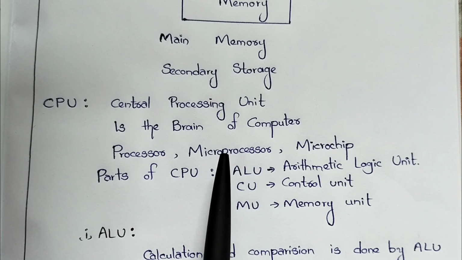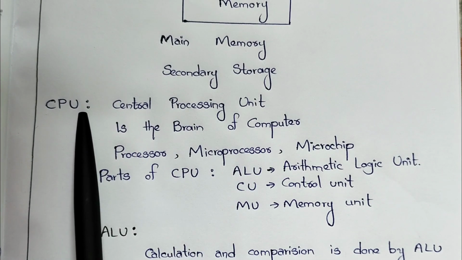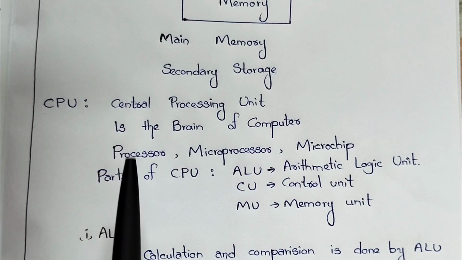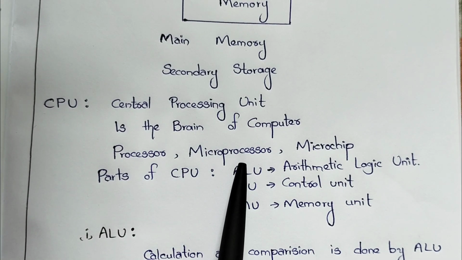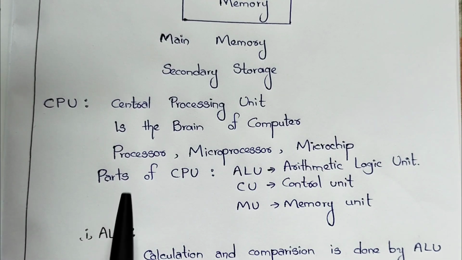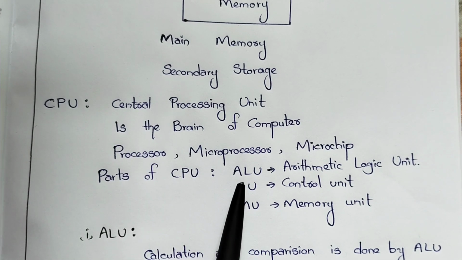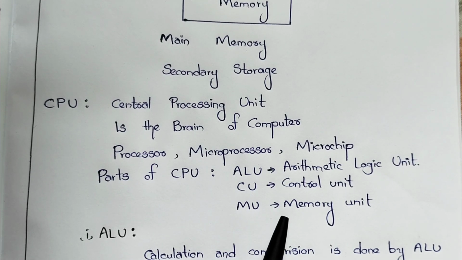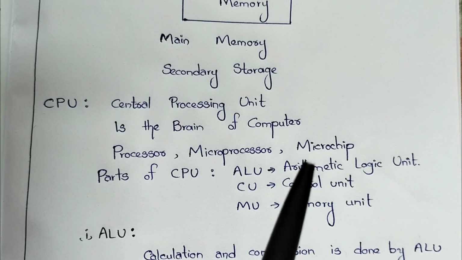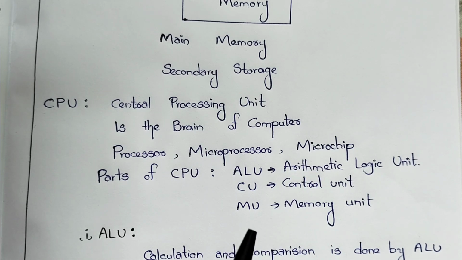Any name we are referring to CPU itself. So there are some parts of CPU. They are arithmetic logic unit, control unit, and memory unit. We are going to discuss all these units in a detailed manner.